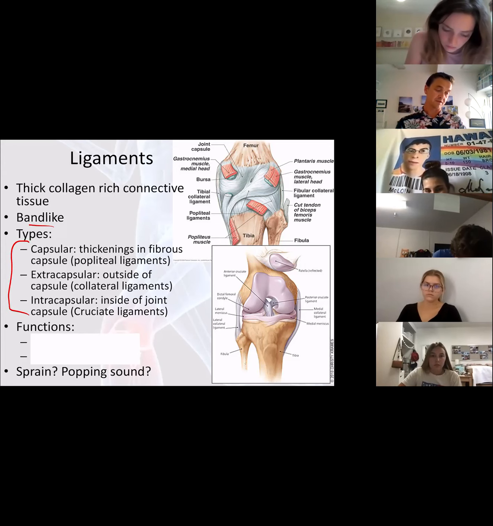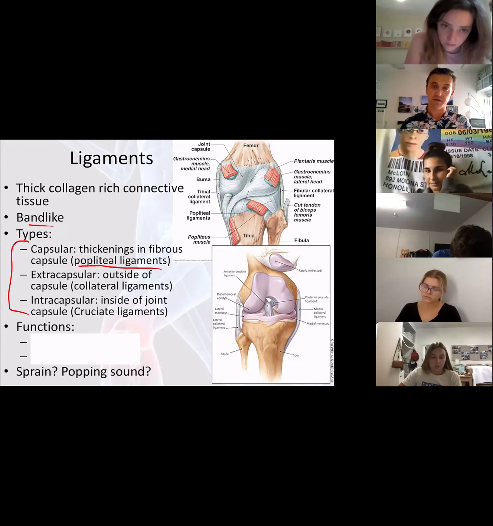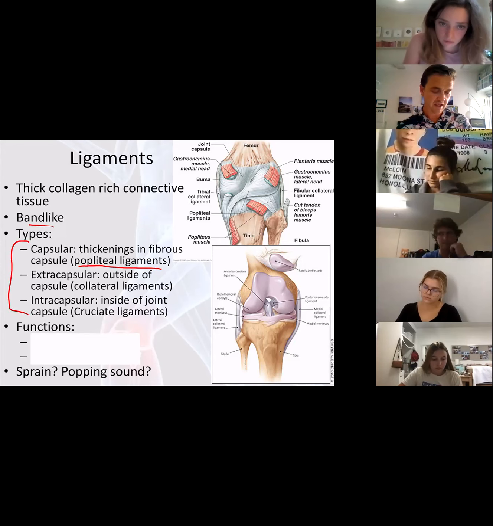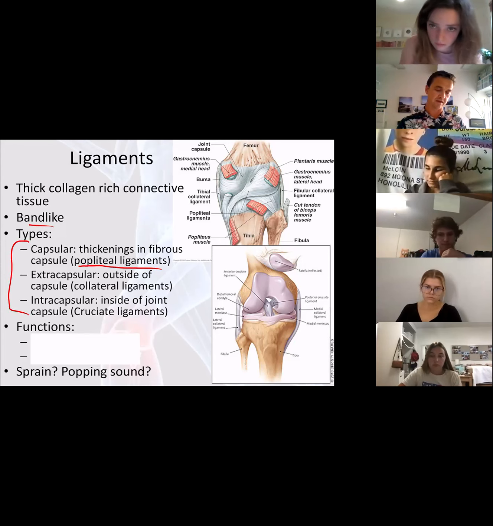Some examples of those would be the popliteal ligaments. You don't have to know the popliteal ligaments, but they're in the posterior part of the knee. You can see those right here. This is a posterior view of the knee. Popliteal ligaments are really just thickenings right here of the normal joint capsule. They give it some stability to not hyperextend your knee.